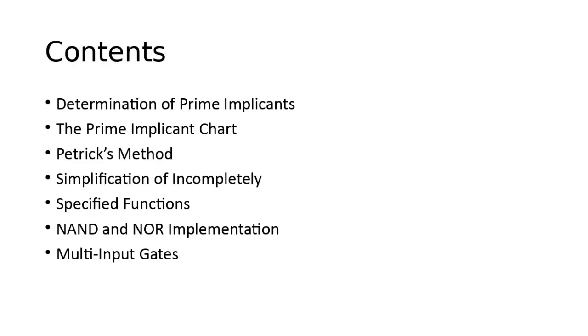So, let's see the contents of this lecture. We will see the determination of prime implicants. We know what prime implicants mean. And the prime implicant charts. We will learn how we draw the prime implicant charts. We will see another method, Petrick's method. And we will see simplification of incompletely specified functions.